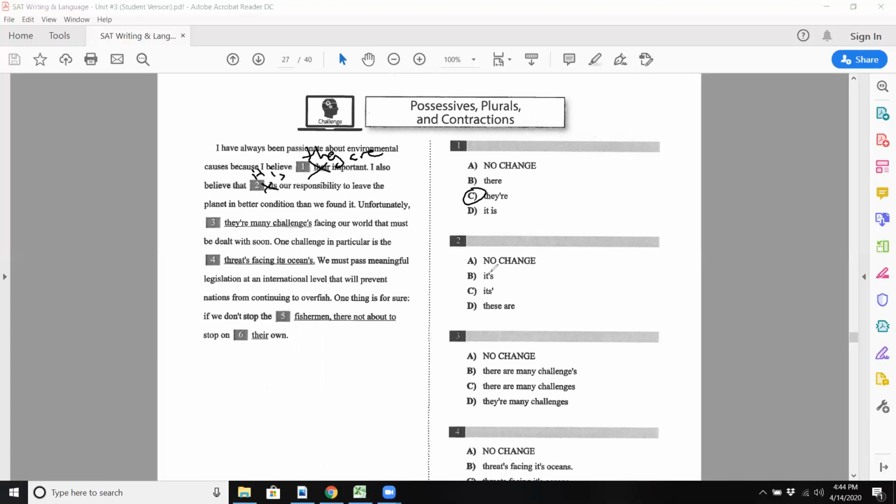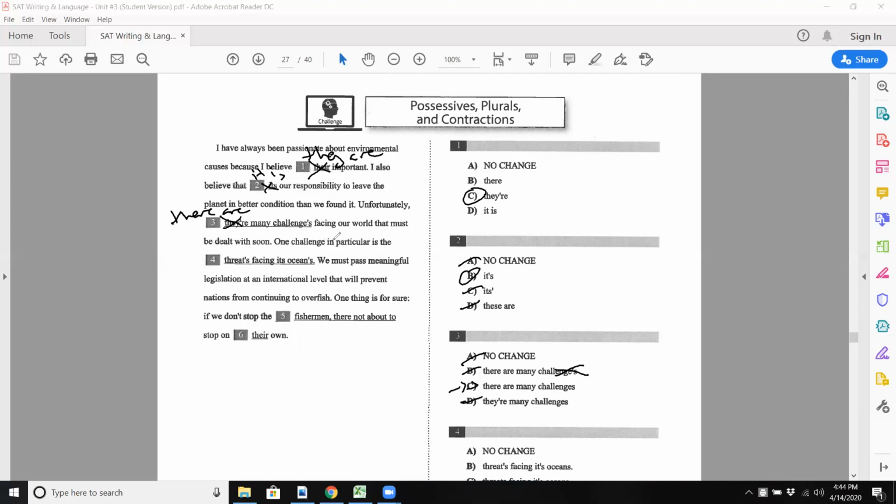So you want a contraction. C doesn't mean it's not even a thing. So it would be, unfortunately, there are many challenges. And challenge should not be possessive. B doesn't make any sense.